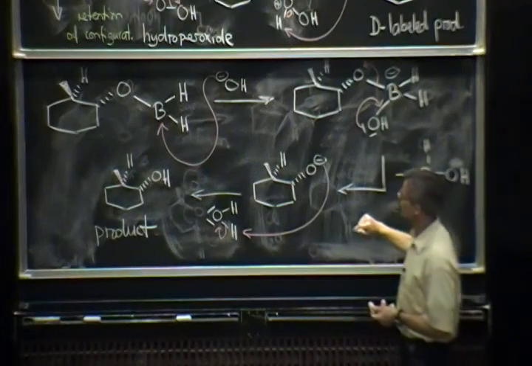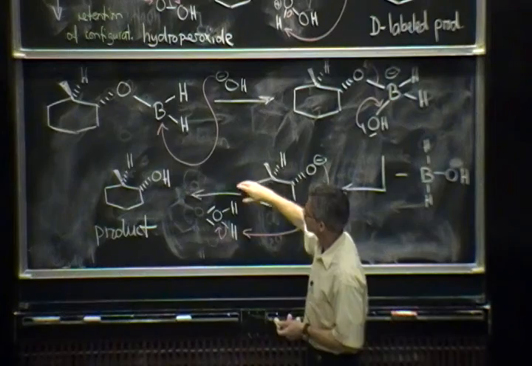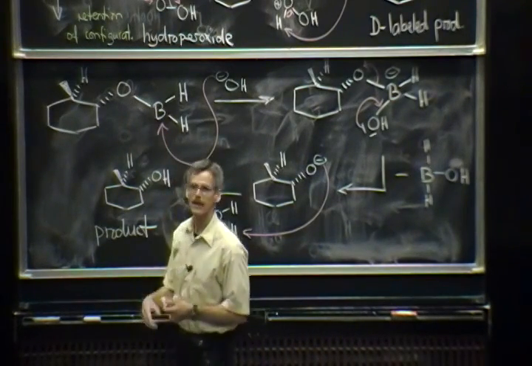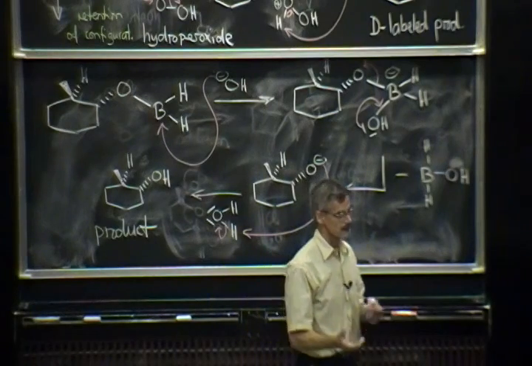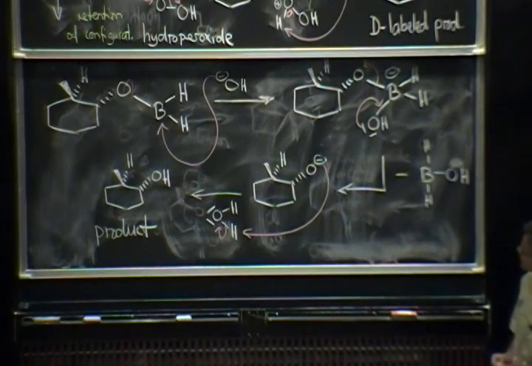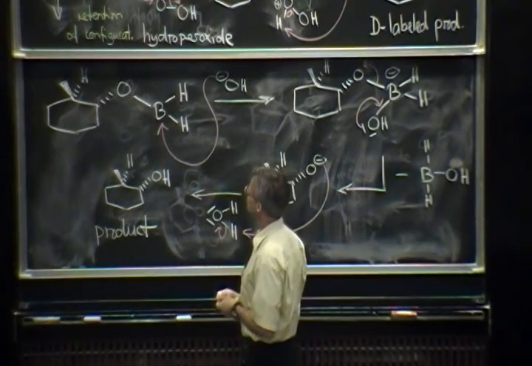There are various mechanisms you can imagine here, including different protonation steps, but ultimately you end up with a hydrolysis, an exchange reaction on the oxygen-boron bond, again taking advantage of the Lewis acidic character of the boron electron sextet that we have in some of these intermediates.